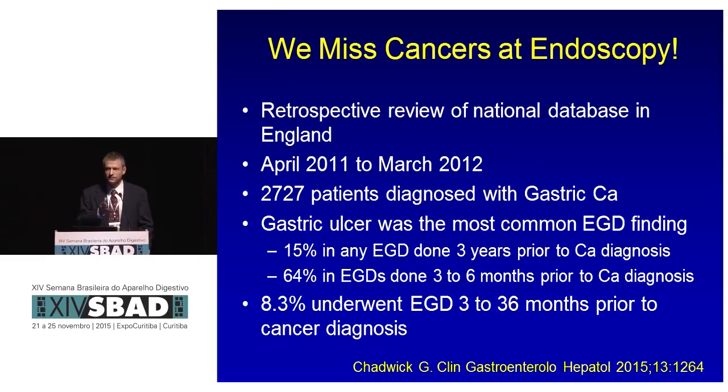And if you look at the findings of endoscopy done prior to the cancer diagnosis, gastric ulcer was the most common finding. So when you see a gastric ulcer, be aware and pay attention for that particular patient.